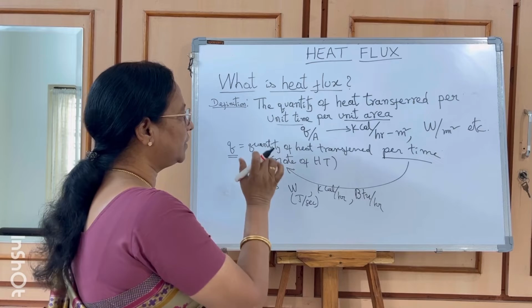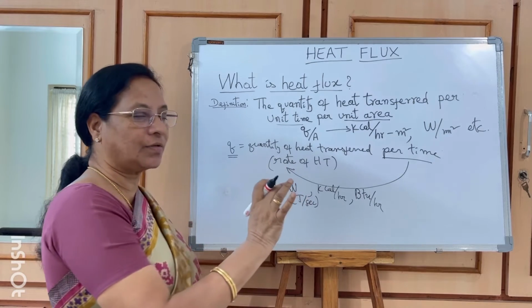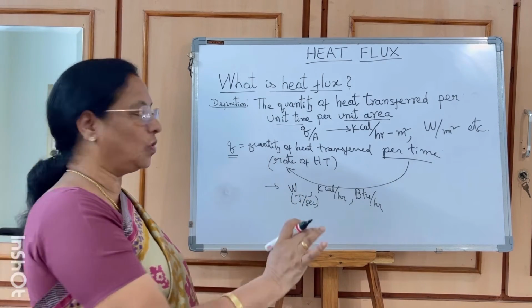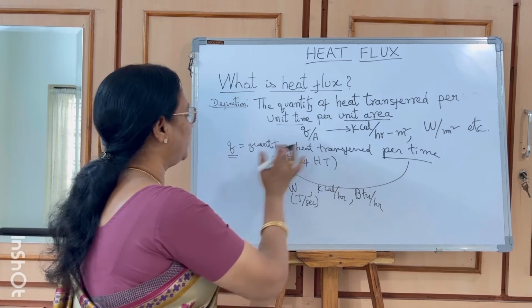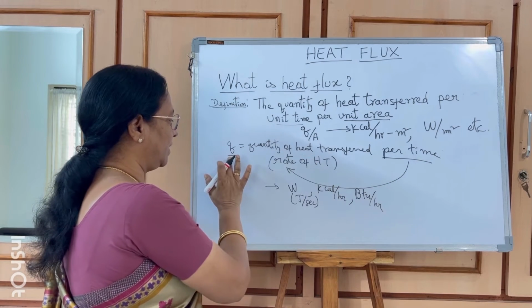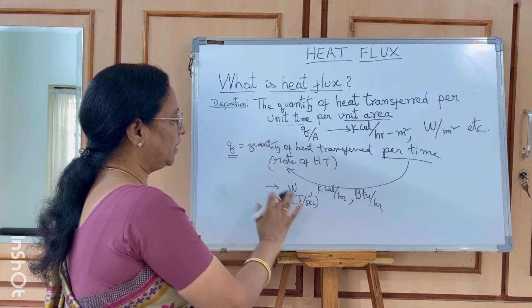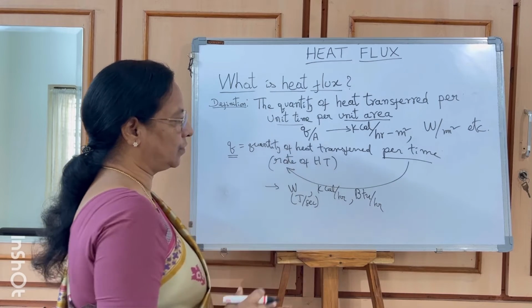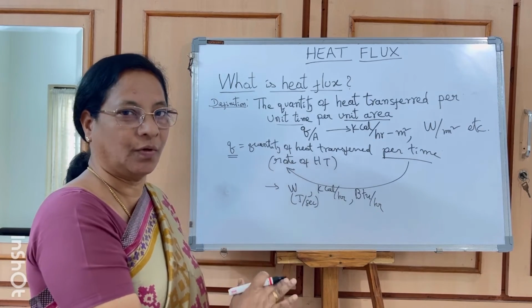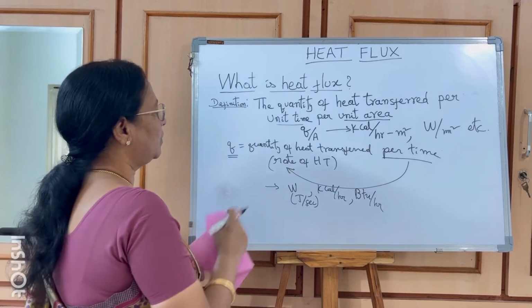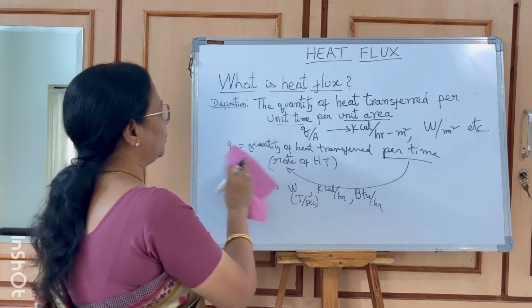So before starting the heat transfer subject, you need to know how quantity of heat transferred per time is represented by Q. It is a rate of heat transfer. Throughout the subject we use the same notation, Q only.